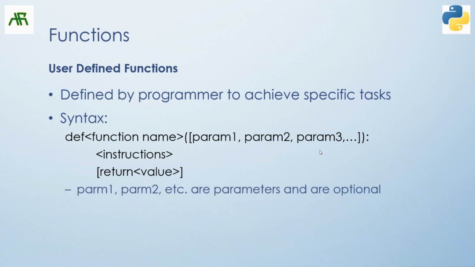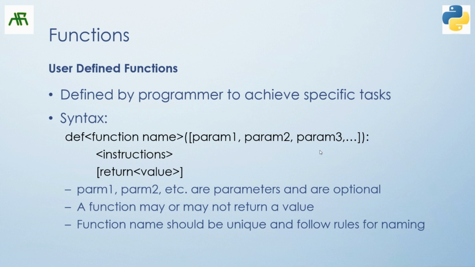Parameter 1, 2, etc. are the parameters and are optional, as I mentioned earlier. And a function may or may not return a value. The function name should be unique and follow the rules of naming conventions. Remember when in the introduction session we talked about how to name a variable or a function or an identifier, right?